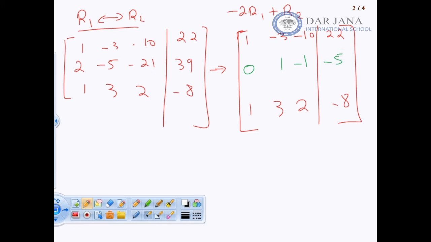Now the next operation is that I'm going to multiply R1 by negative 1 and add it to R3. What will happen?